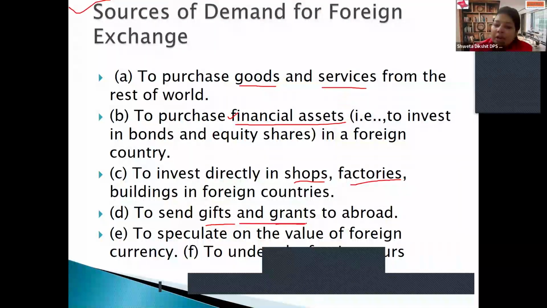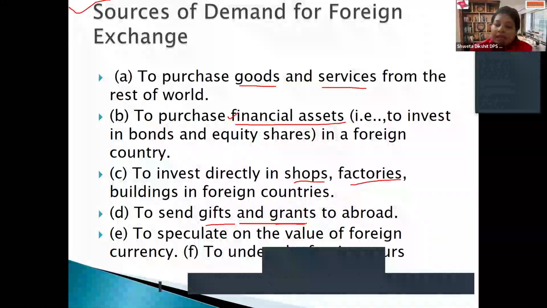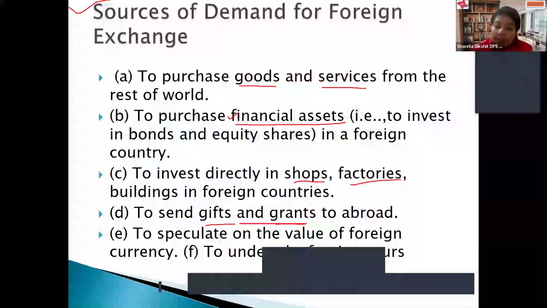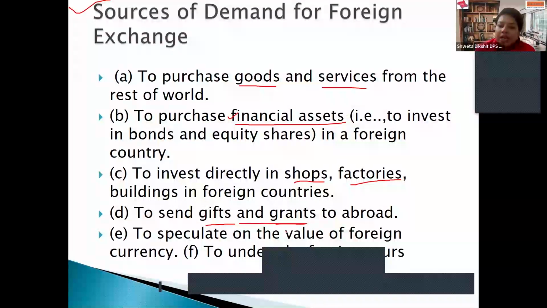For that they need the foreign currency. Of course, for somebody living in the UK, you cannot make payments in rupees, you definitely have to arrange the pound or US dollar. If somebody is living in different parts of Europe, you need to arrange for the euro. So there are various currencies required for the various countries.